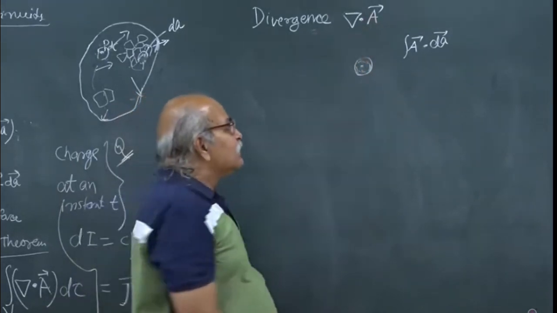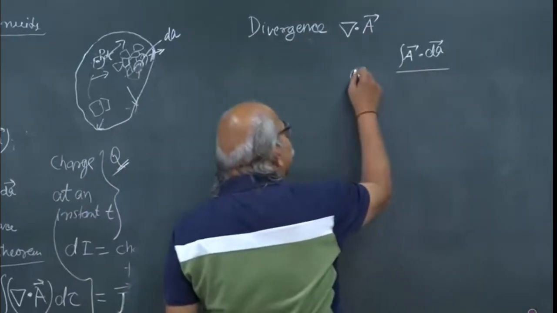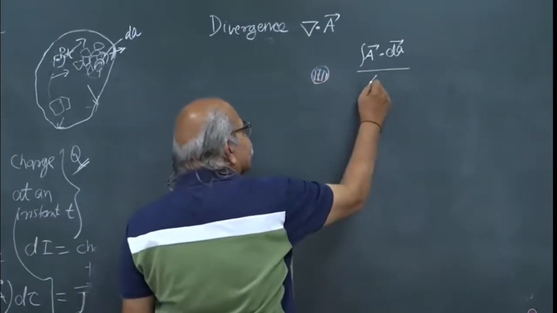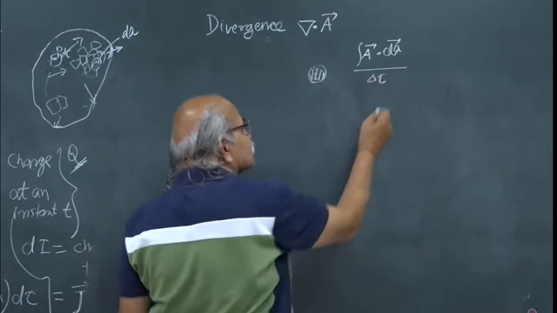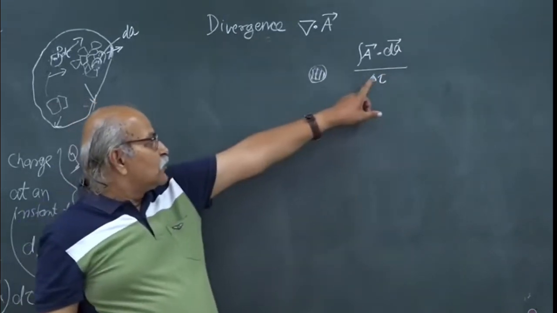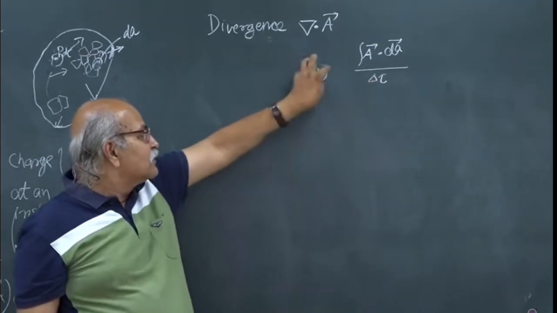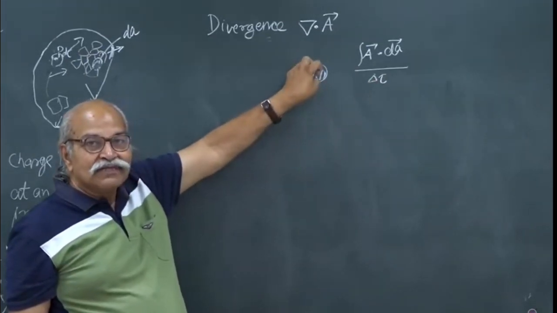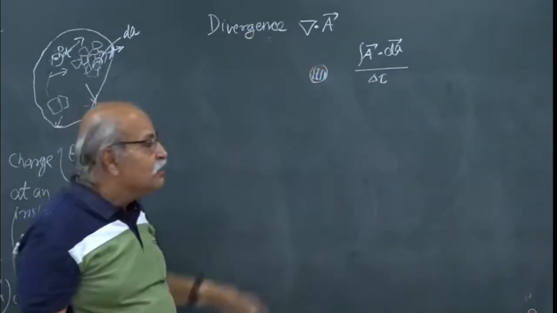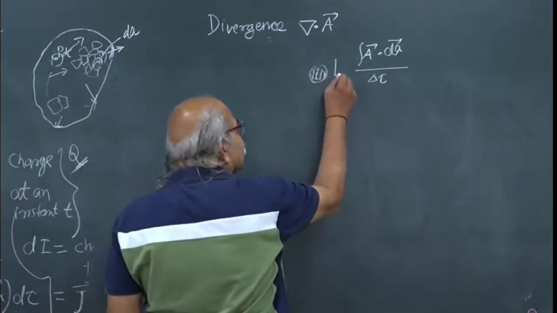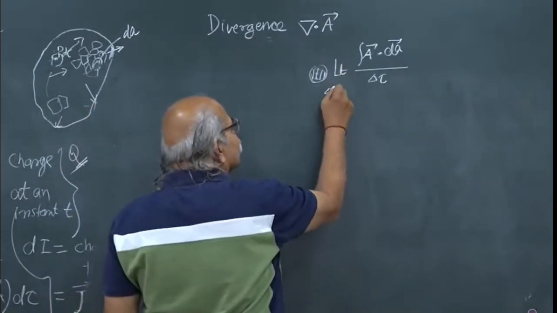And then divide it by the whole volume, delta tau. I am writing delta tau to emphasize that this volume is small, because I am going to take the limit of this as delta tau tends to 0.